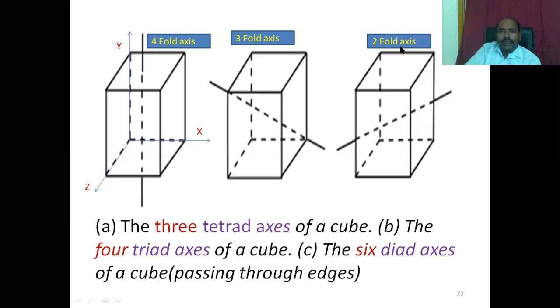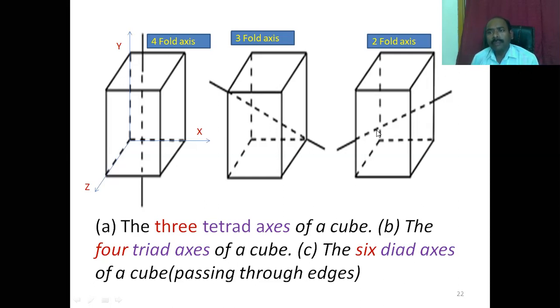Okay. So in another one, twofold axis, for n equal to 2, theta is equal to 180 degrees. That means if we rotate the crystal by 180 degrees, we get the same appearance. So that is the twofold axis, and this twofold axis is passing through the centers of the edges.